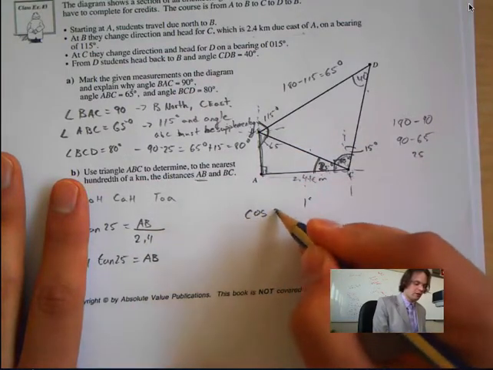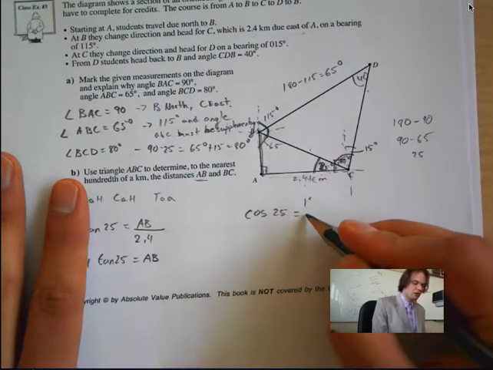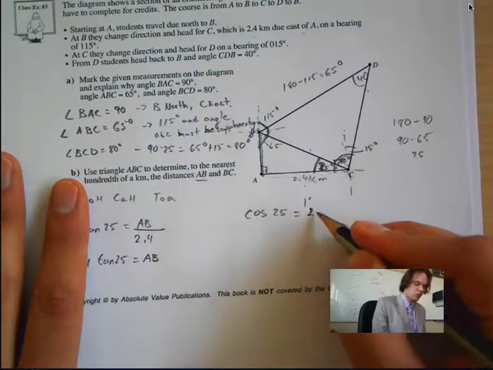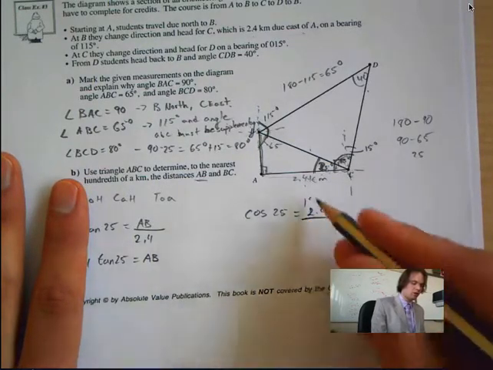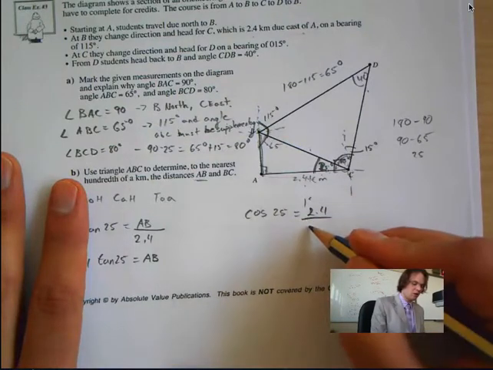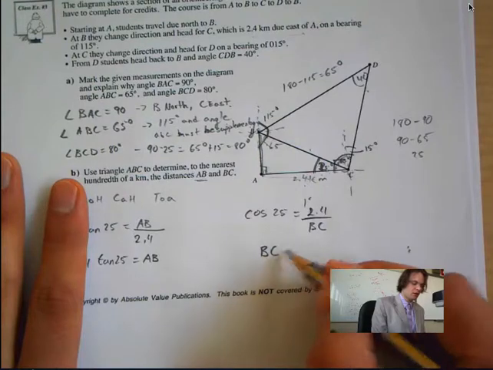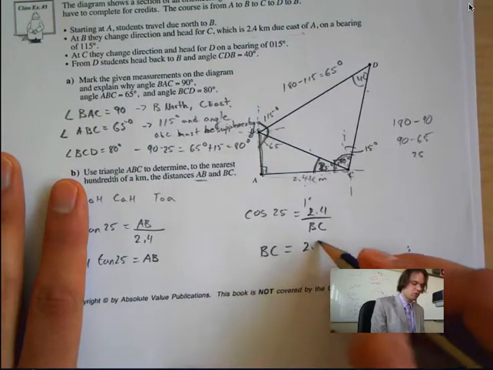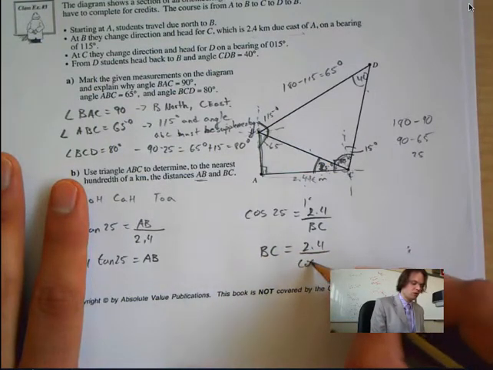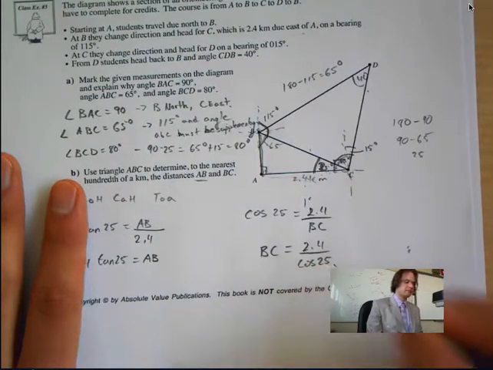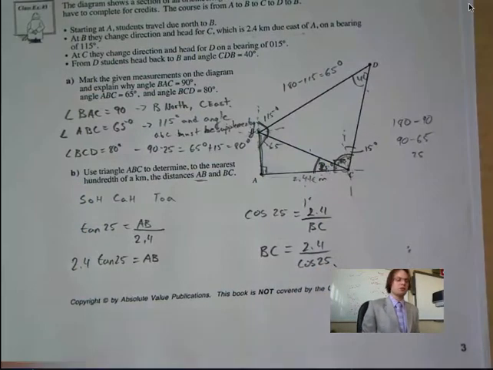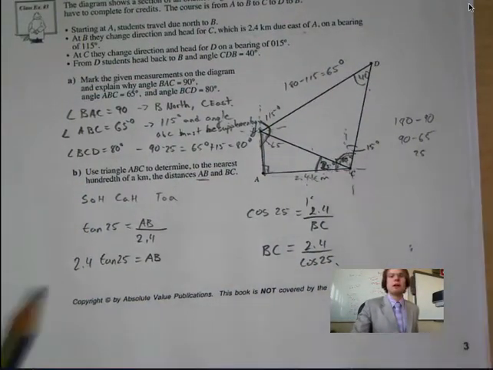Cos 25 is equal to adjacent, which is 2.4 all over the hypotenuse, which is our unknown, which is BC. So if we rearrange it, we're going to get the hypotenuse is equal to 2.4 divided by cos 25. Okay? Plug that into your calculator, and you'll get your answer.